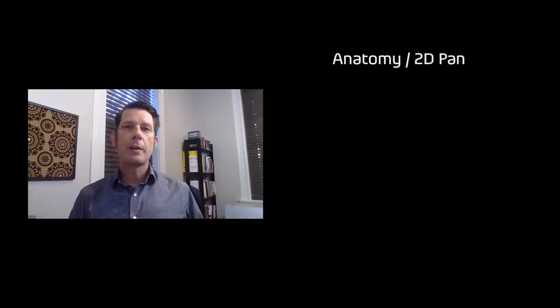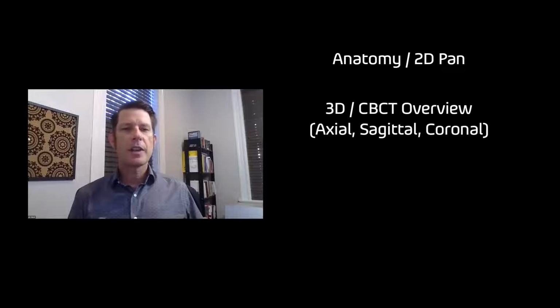All right, gotcha. So let's talk about an outline of what you and I are going to talk about today to give the audience an overview. We're going to start out with anatomy on a panoramic. We're going to move into just a quick review of the CBCT and the three planes: axial, sagittal, and coronal.